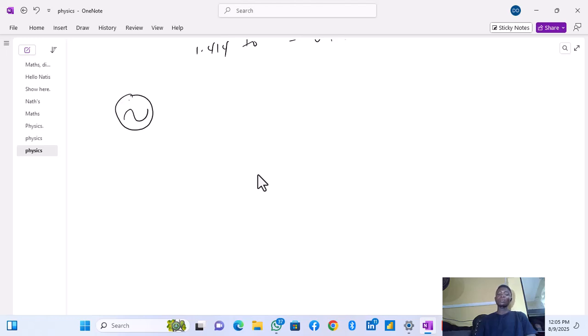Now let me quickly show you something picturesque. This is an AC source. From this source, alternating current is coming out, and it is passing through, let's say, this resistor for instance.